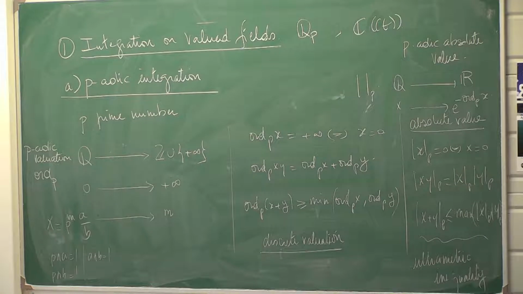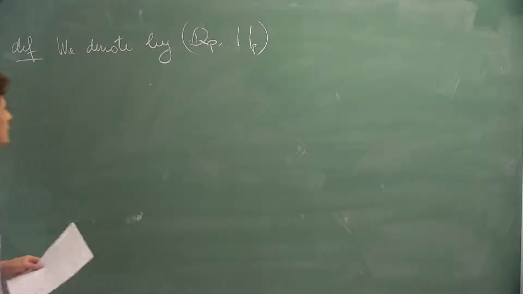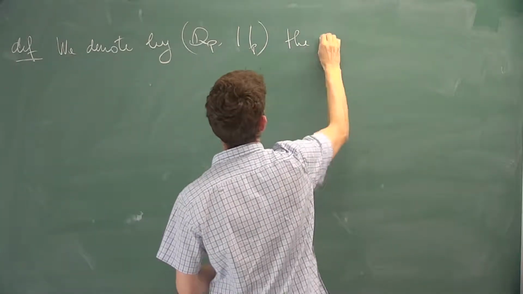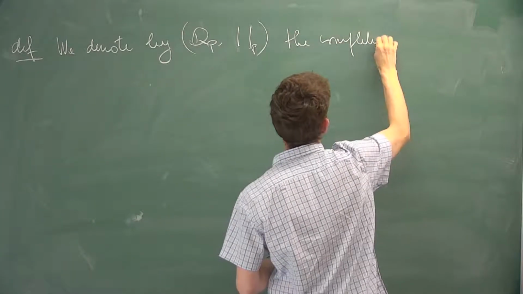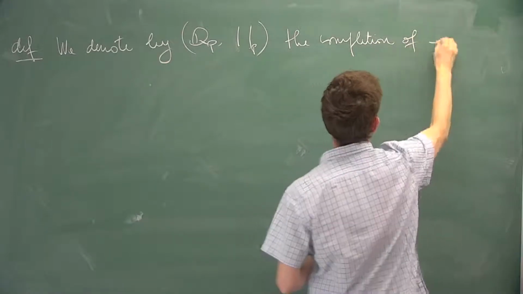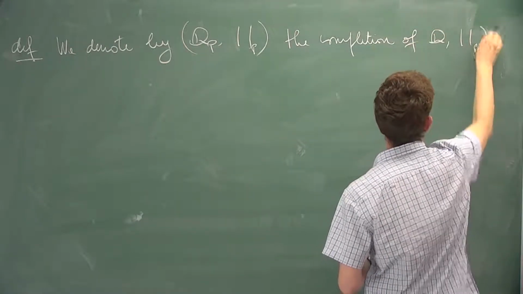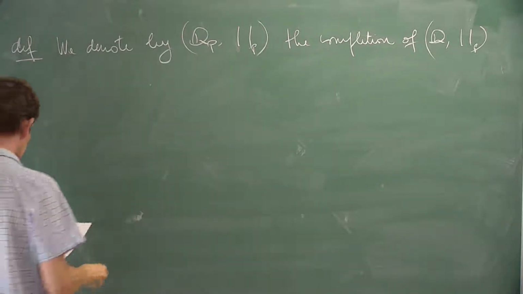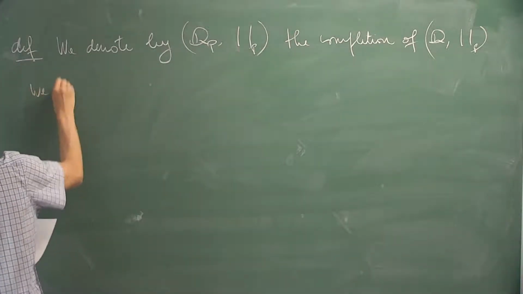Okay, so we denote by Q_p the completion of Q with the p-adic absolute value. And we have the following description.